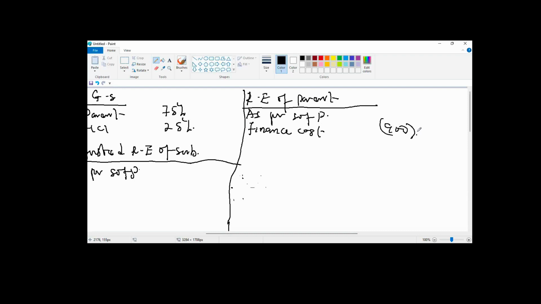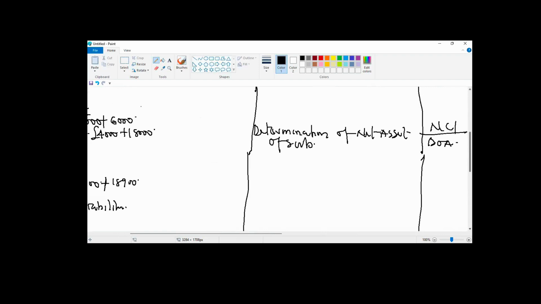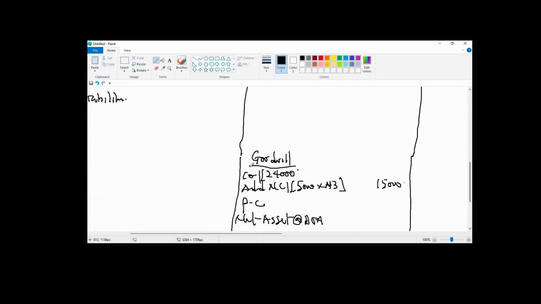I will now go to the goodwill calculation to debit investment, cost of investment for my goodwill calculation. That is it.